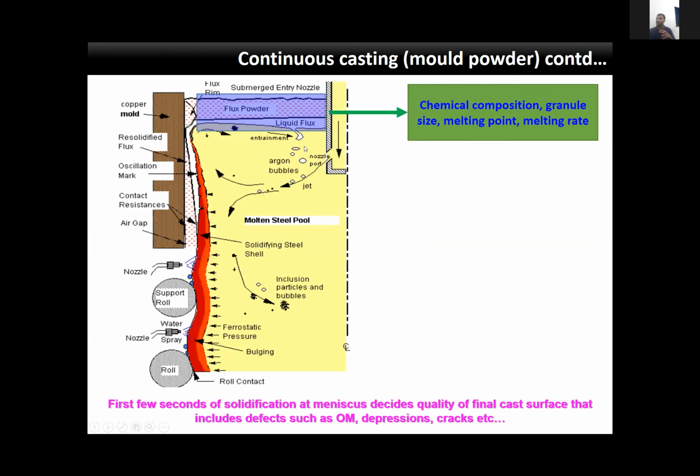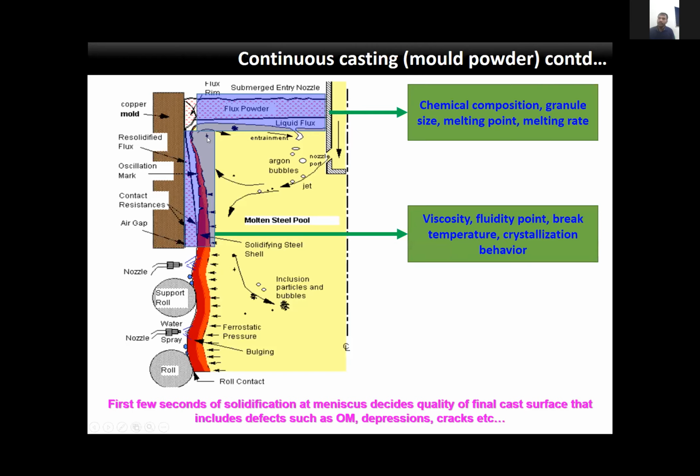Another important function is that it will absorb some amount of inclusions. So the final cleanliness control of the liquid steel is happening at this point. Your mold flux should have some capacity to hold some inclusions. At the same time, the properties of the mold flux or the liquid flux should not get altered because of these inclusions. So you have a very narrow window to play with to control the casting process in terms of designing the mold flux.